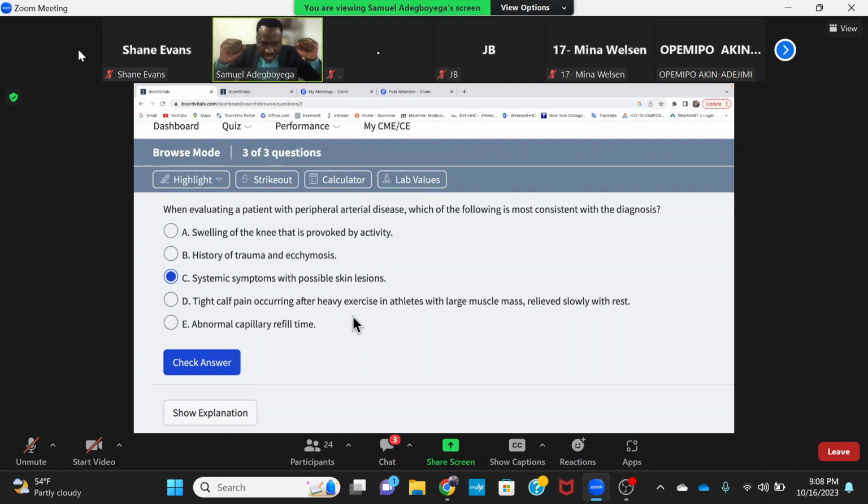Oh, you are cheating. Okay, exertional compartment syndrome right there. Can anybody agree that it's E, or disagree? Agree. Abnormal capillary refill is your answer. Okay, all right.